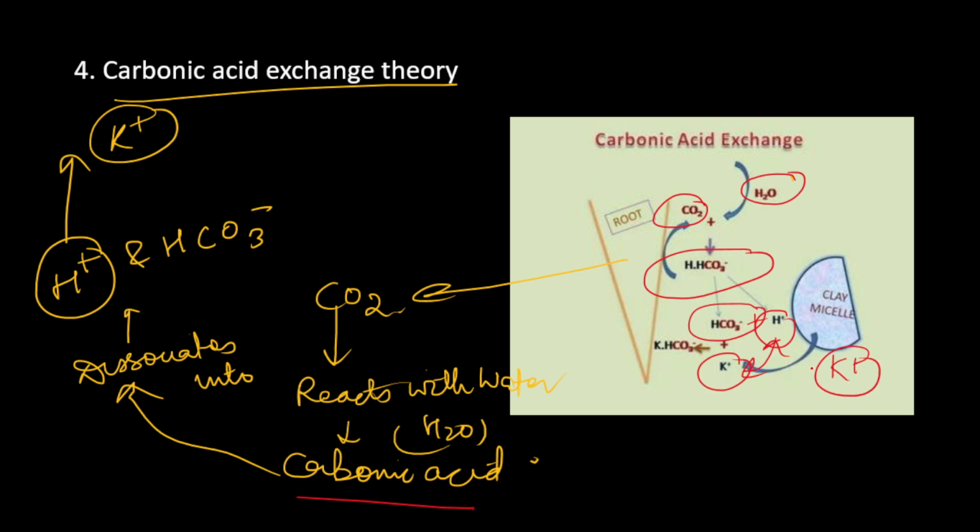Now this K plus gets exchanged with H plus. So the root will get K plus HCO3 minus, and that H plus goes to the clay micelle. So there is a contact exchange of ions. This is what carbonic acid exchange theory is, because there is involvement of carbonic acid. I hope you understand this also. These are very easy concepts.